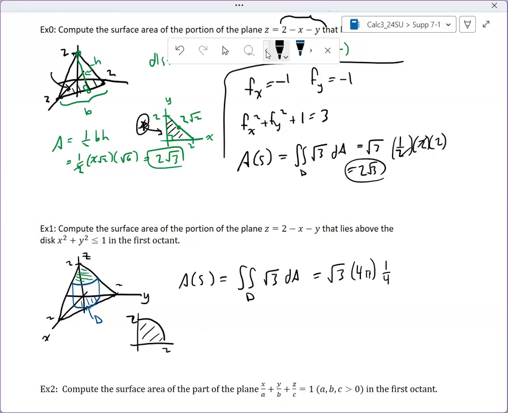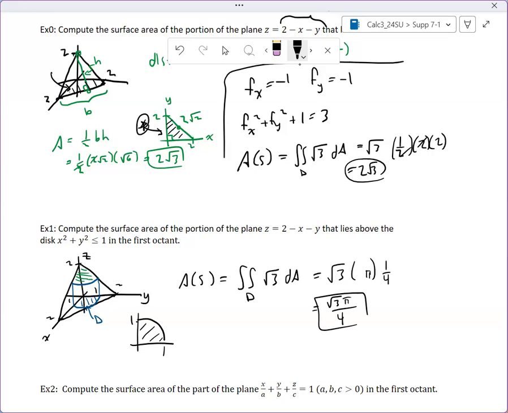Oops, dumb mistake there. Circle of radius 2, my plane intersects at x equals 2, and at y equals 2 is where it intersects those axes. It's going to say something didn't quite feel right there. There we go. So that's root 3 pi over 4.